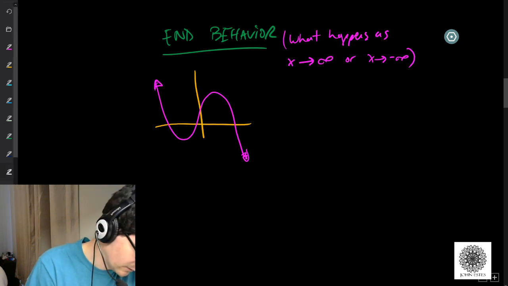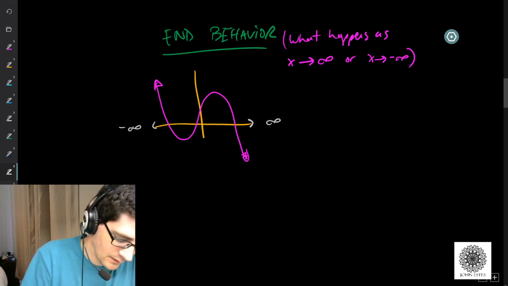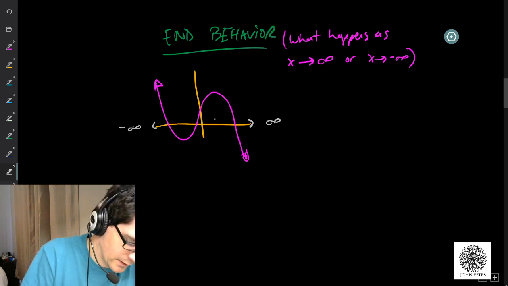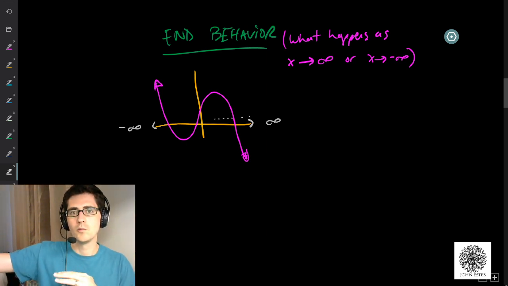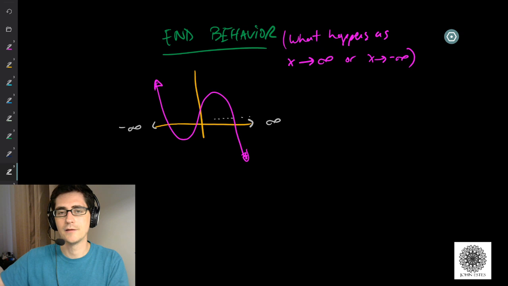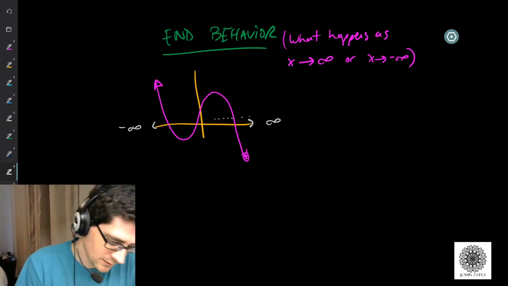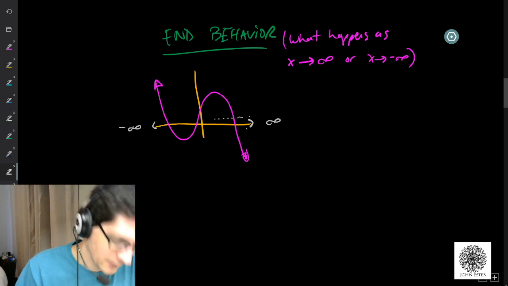And so in this particular graph, notice infinity is out this way, and negative infinity is over here. So as I'm going out towards positive infinity, what is the graph doing? Sometimes it'll just approach a horizontal line like y equals 0. In this case though, notice that the further I get out this way, the further down my graph is going.